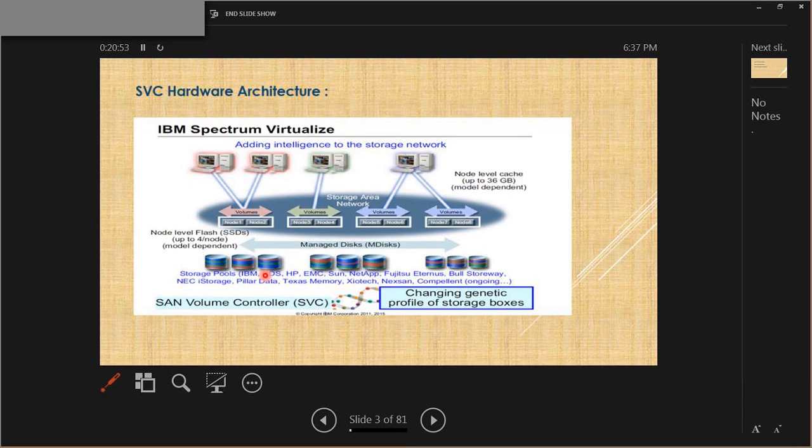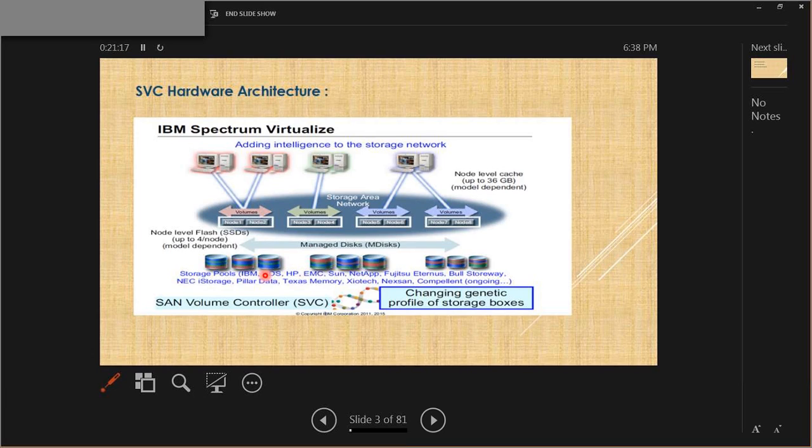One point of importance is that when we are discussing SVC, it is assumed that you are already aware of storage virtualization. Storage virtualization can happen at three levels: at the host level, at the network level, meaning through SAN routers or storage controllers, or at the disk level.